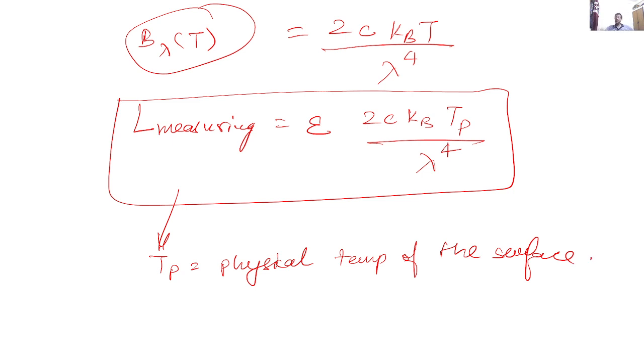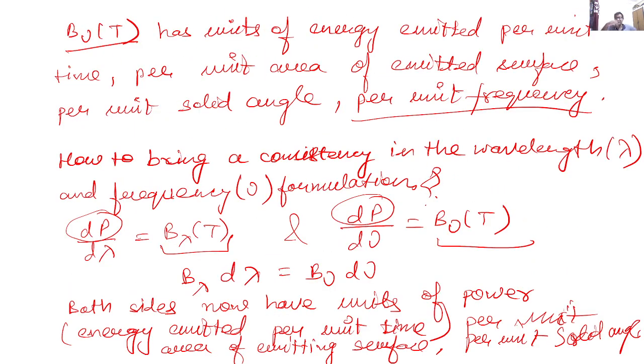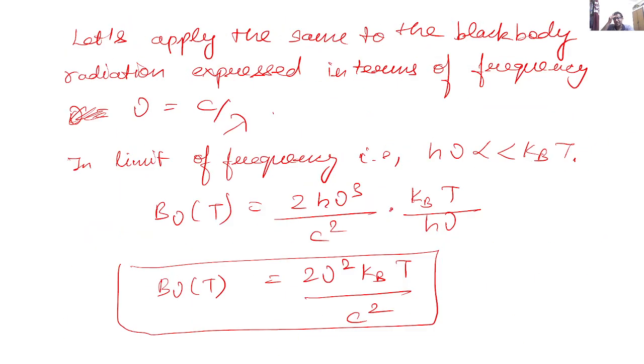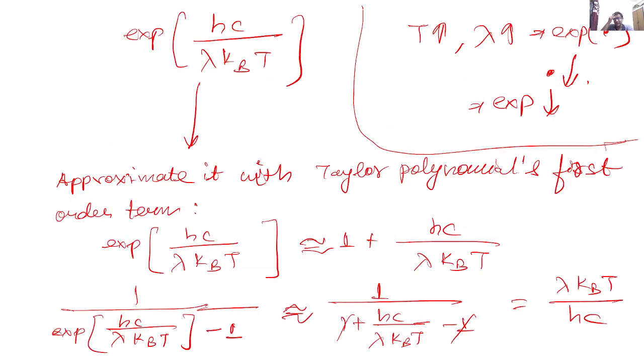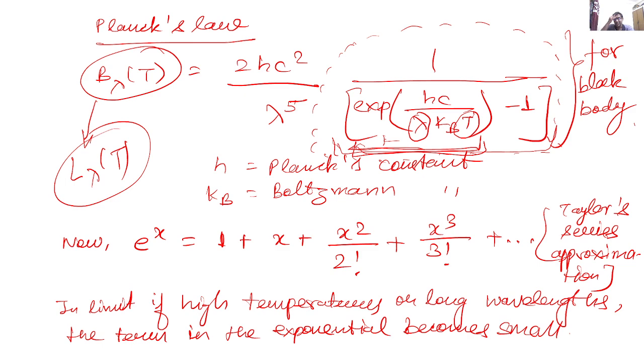Okay, so this is the end of the Rayleigh-Jeans law for today. But again, we learned a lot of things. We first of all learned that we cannot use it everywhere. It is only consistent at a particular wavelength range or frequency range.